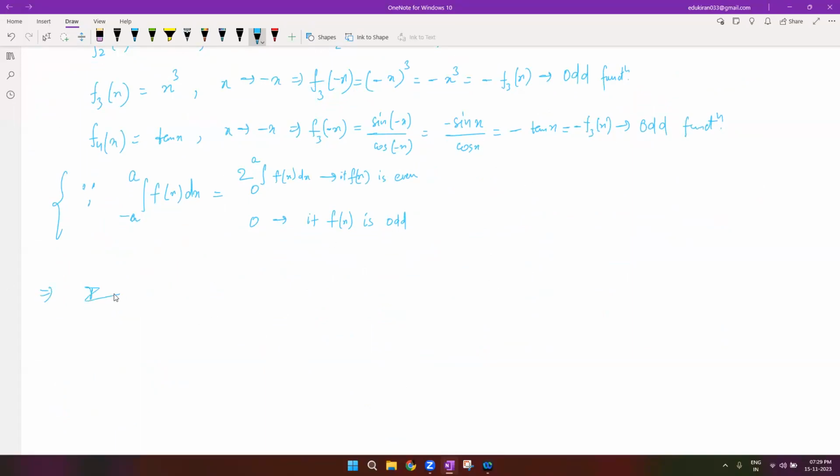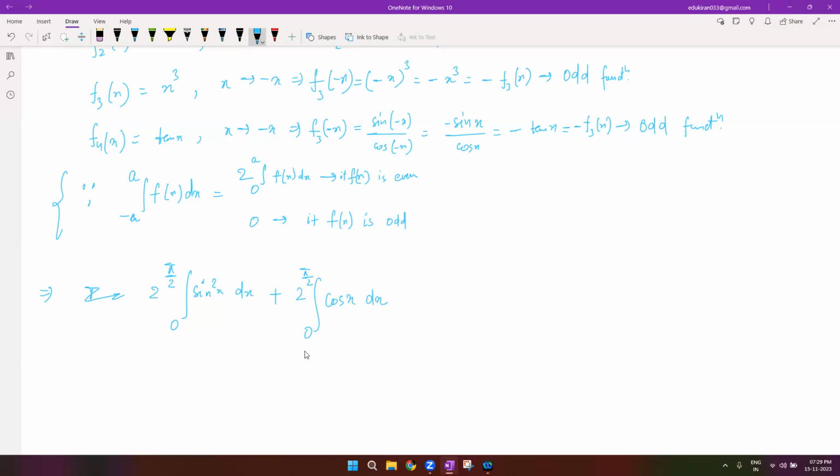So it implies that I is equal to twice the integral of 0 to pi by 2 of sine square x dx plus twice the integral of 0 to pi by 2 of cos x dx. We know how to integrate cos x.